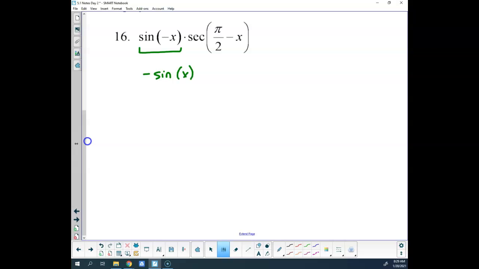Would you agree? Identity number 2. Secant of pi over 2 minus x, number 17, becomes cosecant of x. Would you agree with that?